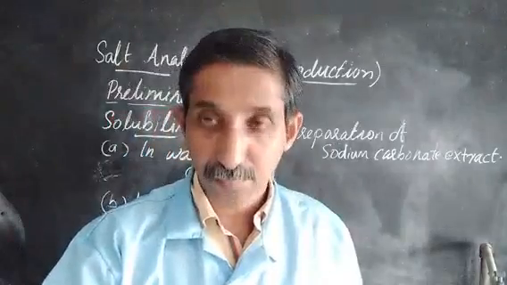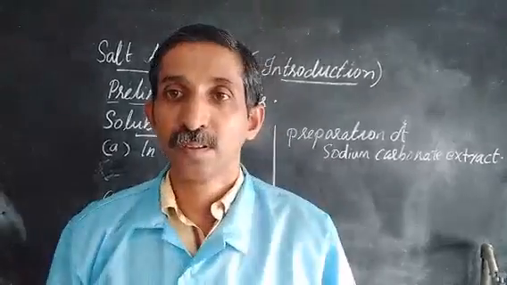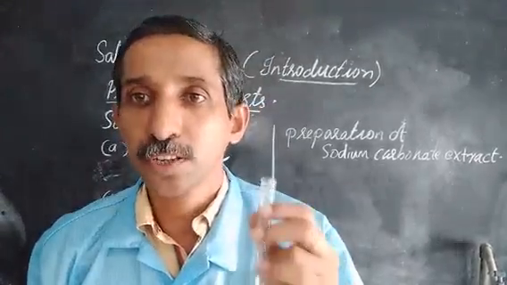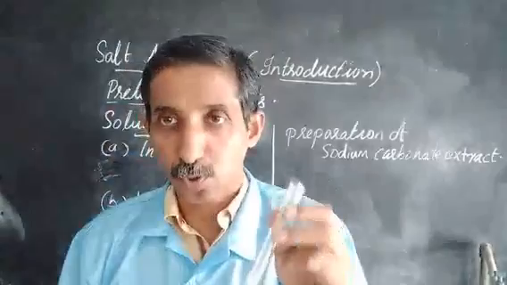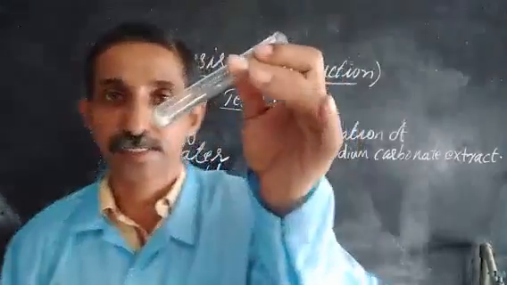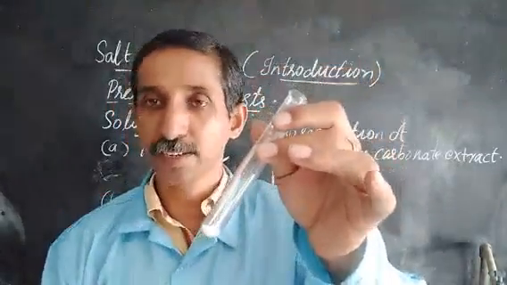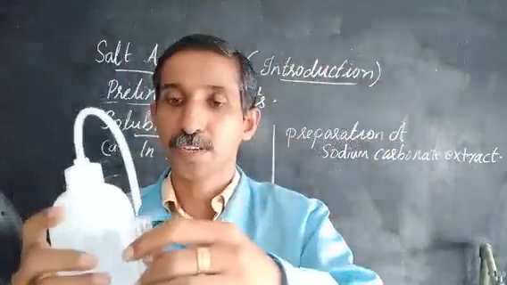Now, in order to clarify the solubility with water, once again I will take another salt. This is another salt taken, and now I am going to check the solubility in water.